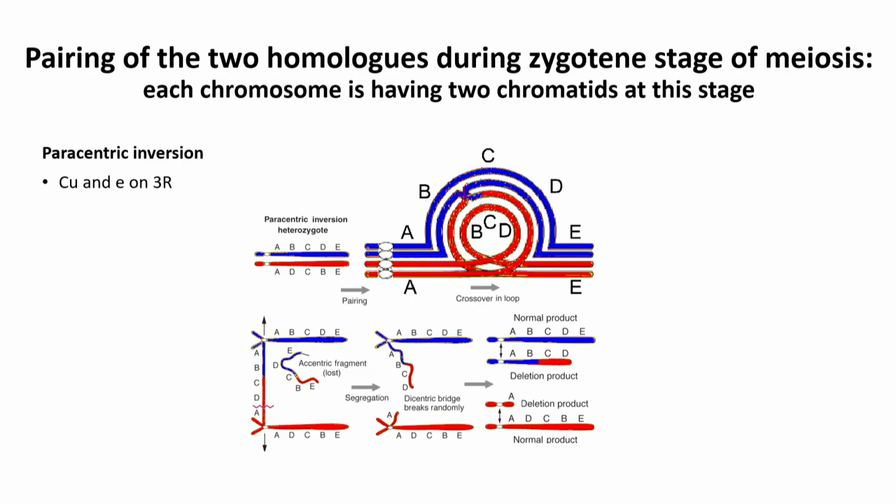If we follow this, the top one, this blue one, has no crossing over. So this is like this: A, B, C, D, E. The second one, you follow, this has gone like this, then crossed over.